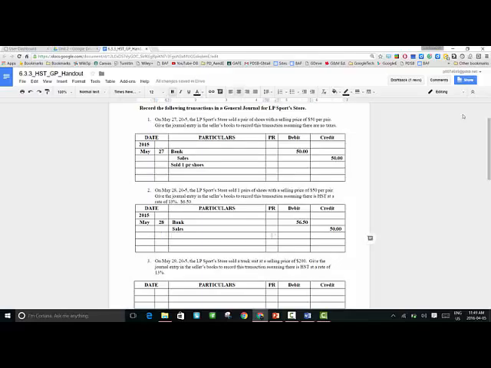So, as we should see, we are not in balance. We have a debit of $56.50 and a credit of $50. So mathematically, we should know that we are going to need a credit of $6.50. But as we talked about before, the HST payable account is like a liability.